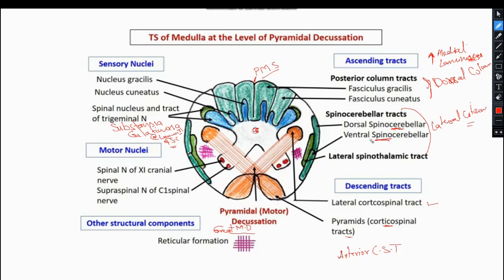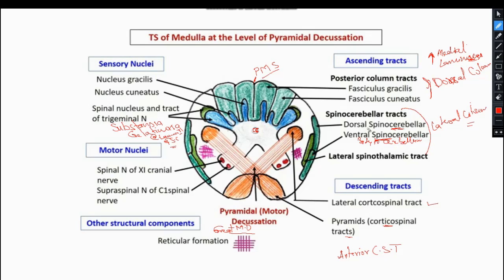The ventral spinocerebellar tract carries proprioceptive information from the body to the cerebellum. Clear?